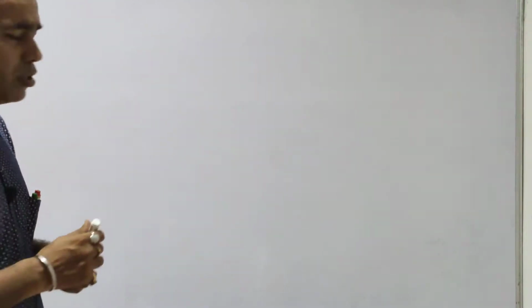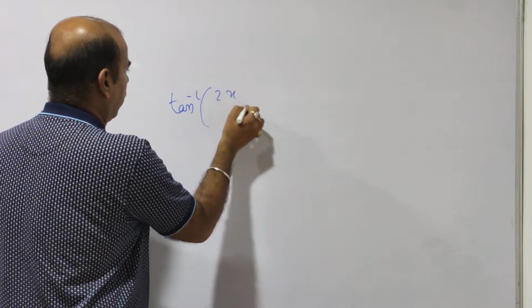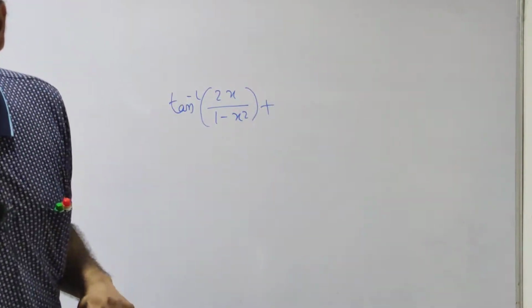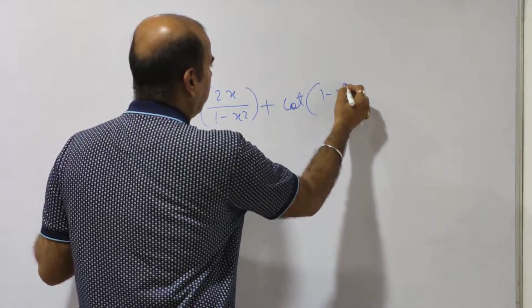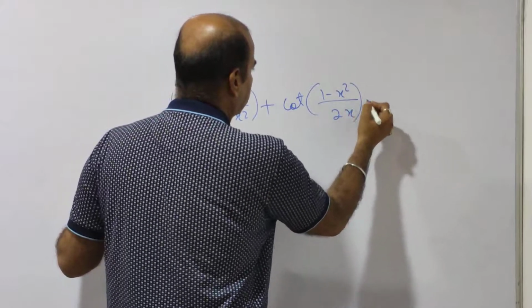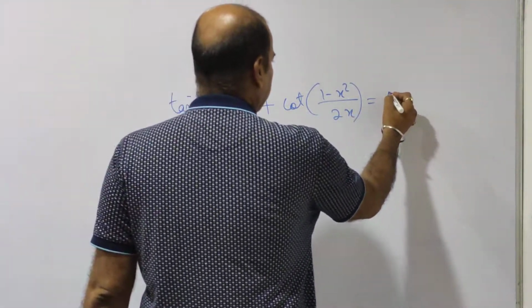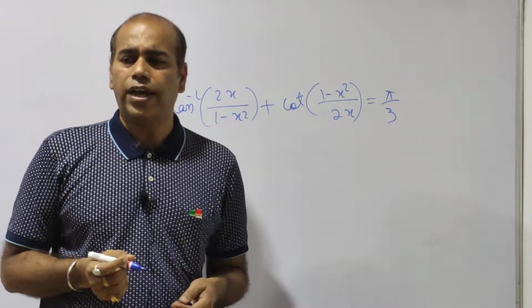So I have a question: tan inverse 2x by 1 minus x square plus cot inverse of 1 minus x square by 2x is equal to pi by 3. They are asking to solve for x.